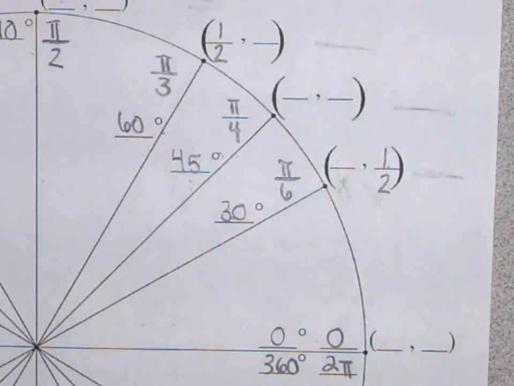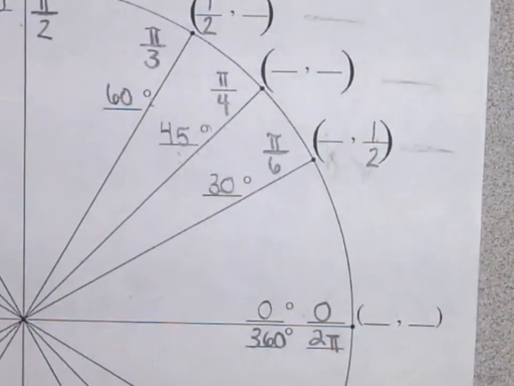No, that's not what I said. You do have to have these memorized because I'm not giving them to you for your quiz. The radians and the degrees. No, but you need to know the points for the quiz on Thursday.